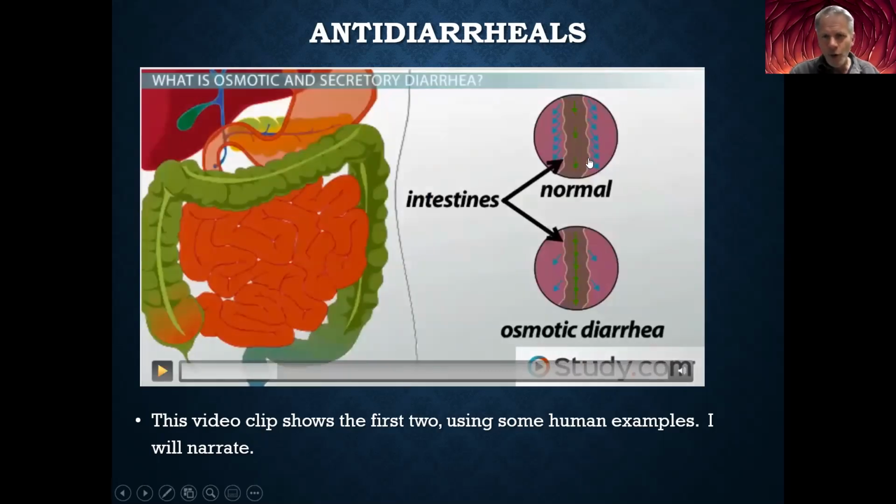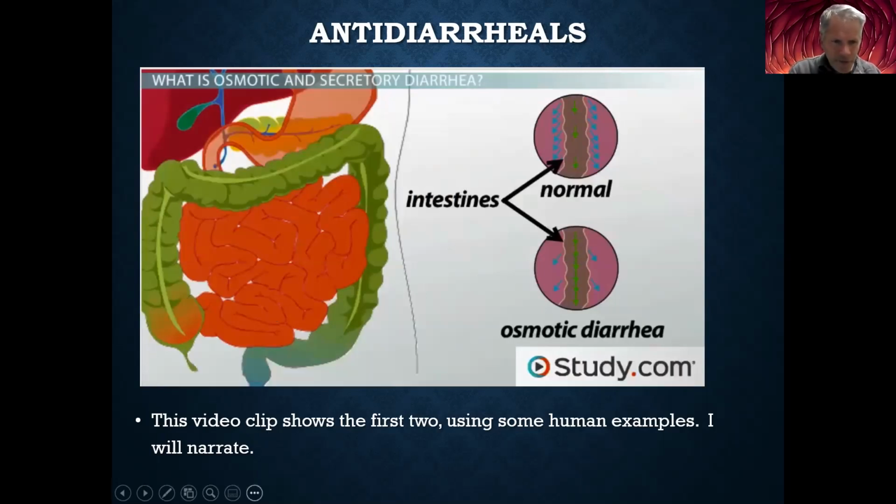Right, so you can see normal, we've got water getting reabsorbed from the intestines, but with osmotic diarrhea, there's not very much water getting reabsorbed. Instead, the water is staying in the lumen of the intestine there.